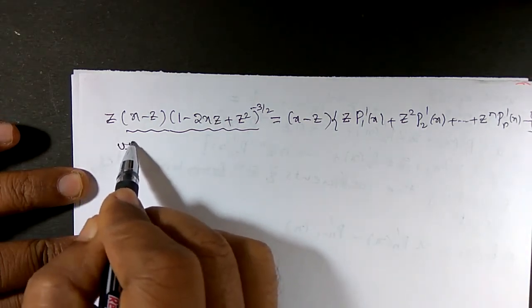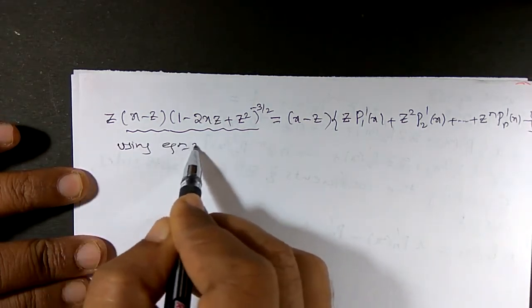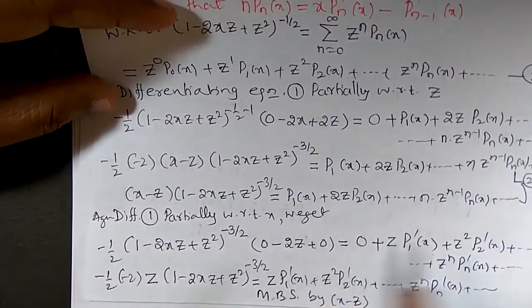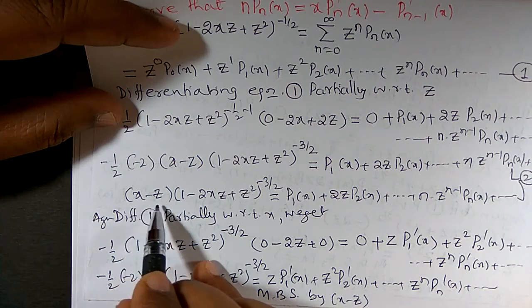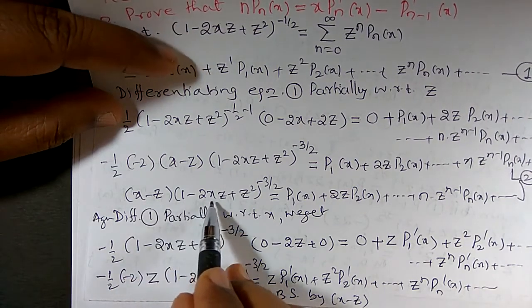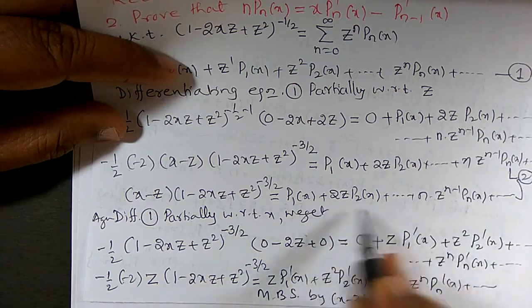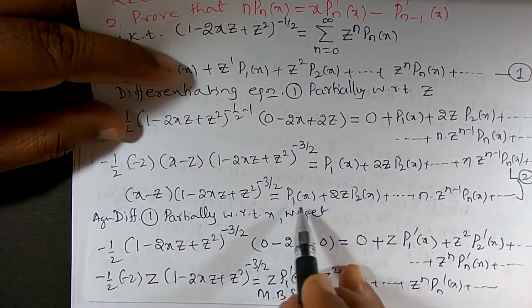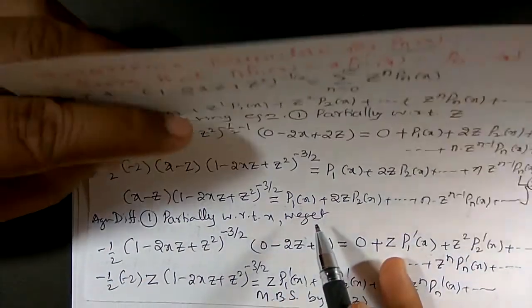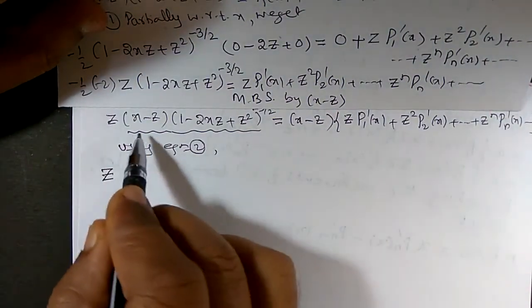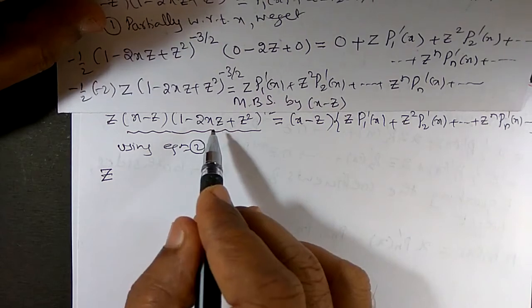So using equation 2, what is equation 2? We know that (x minus z) into (1 minus 2xz plus z square) raised to minus 3 by 2 is equal to, and now I am going to replace these two factors by all these terms. I will write z as it is from equation number 2.